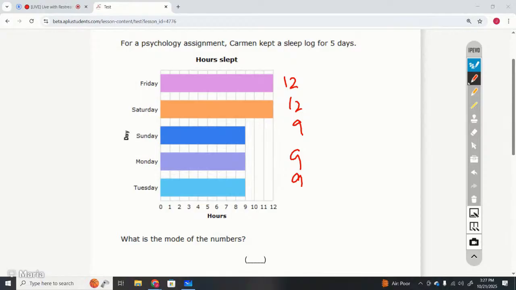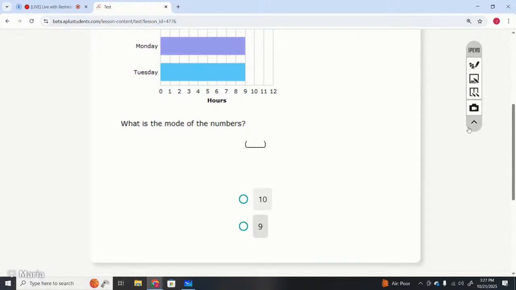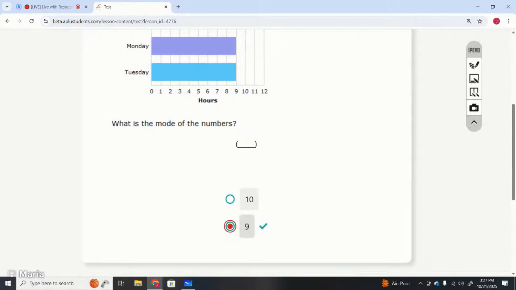So the mode is 9. 9 is the number that appears the most. So the correct option is 9. Option number 2 is the correct option.